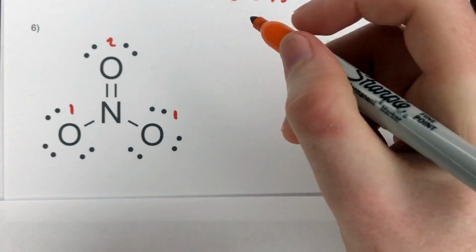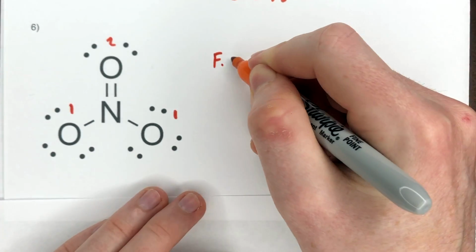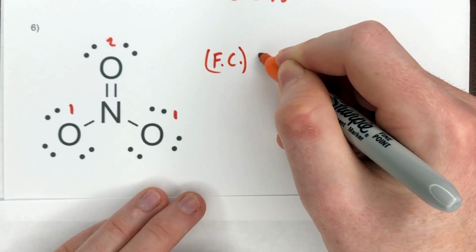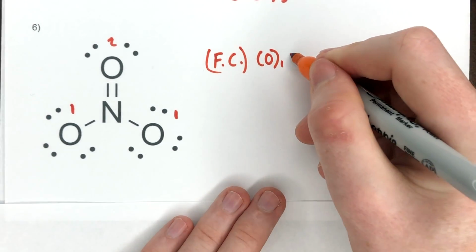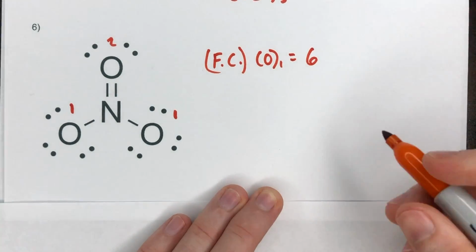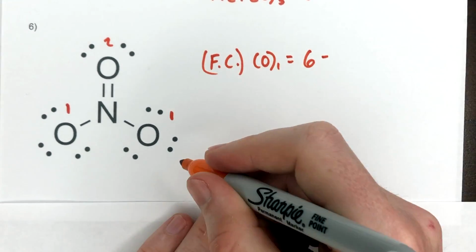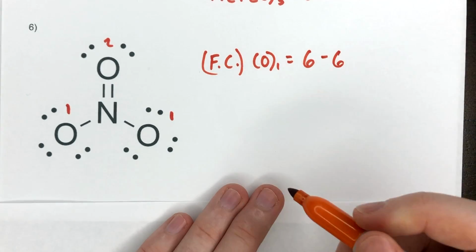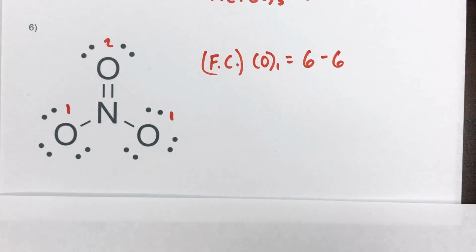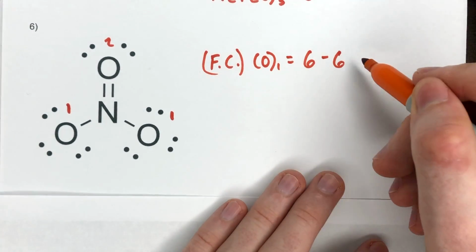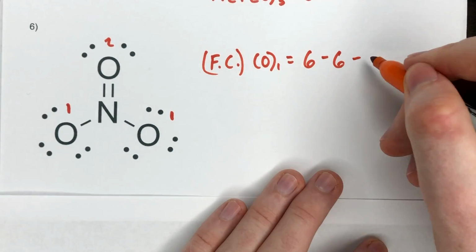So let's look at our formal charge at oxygen number 1. Again, we said that the valence is 6 for oxygen. Each of these oxygen number 1 has 6 lone pair electrons, three lone pairs for the 6 electrons. And then we subtract the 1 bond to the nitrogen.